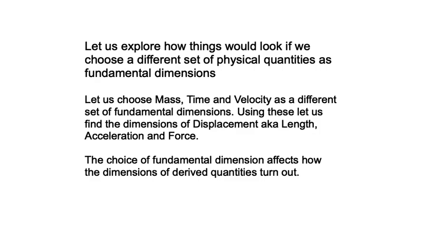Using these, let us find the dimensions of displacement, acceleration, and force. The choice of fundamental dimension affects how the dimensions of the derived quantities turn out, as you will see in the coming slide.